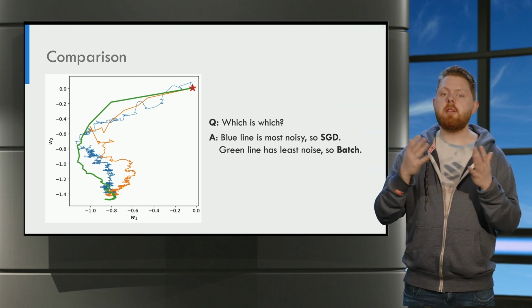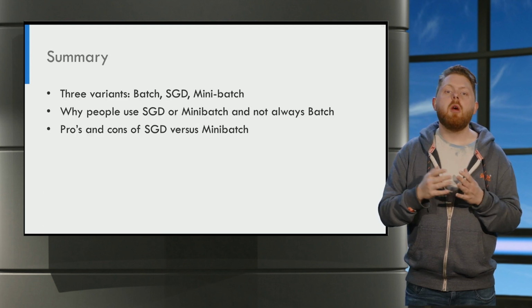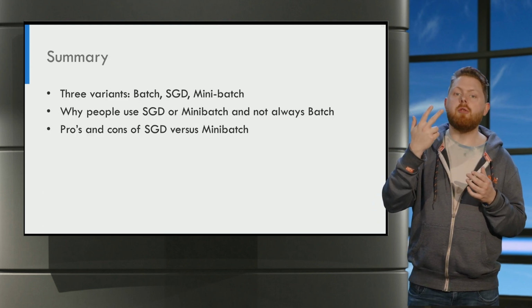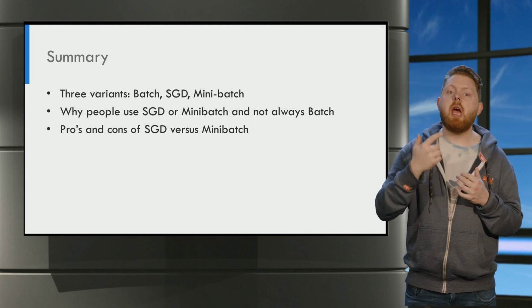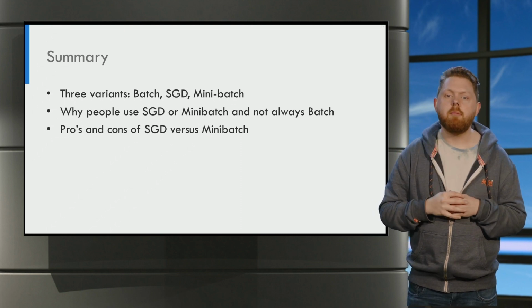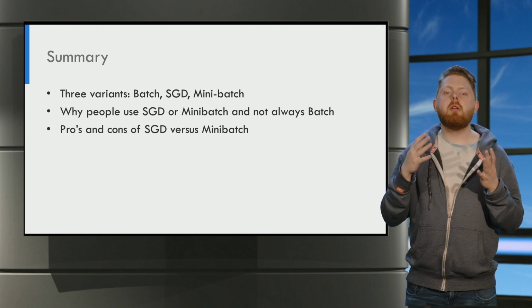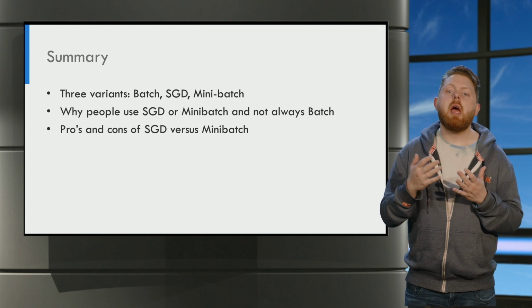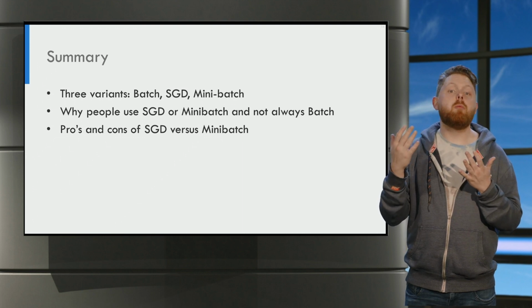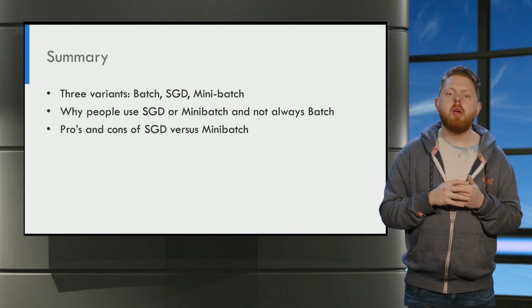Okay, let's summarize this video. We discussed three variants of gradient descent: batch, SGD and mini batch gradient descent. We compared the three methods in terms of accuracy of their updates and how efficient they are due to parallel computations.